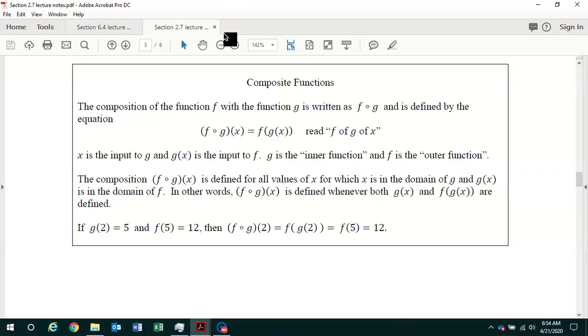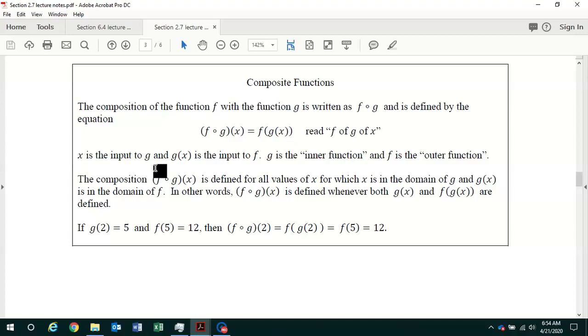So back in section 2.7 in your textbook, we studied composite functions, and we defined the composition of the function f with the function g, written with this notation, by the equation the composition of f with g as a function of x is equal to f of g of x. Right? This is read f of g of x.